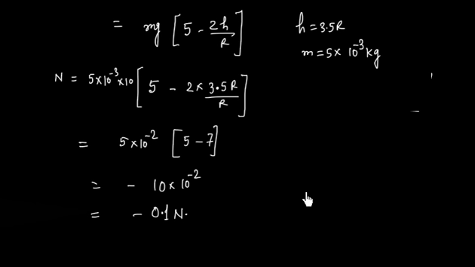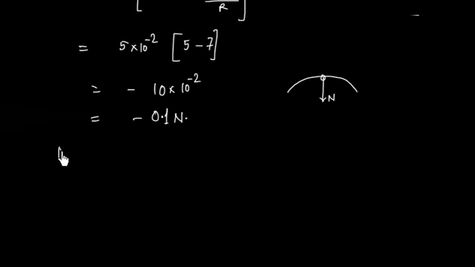Negative sign shows normal reaction will act in the downward direction. So basically normal reaction will also act in the downward direction. Negative sign shows the direction we have taken is not right, so normal reaction will act in the downward direction.